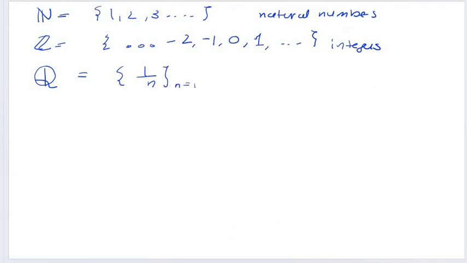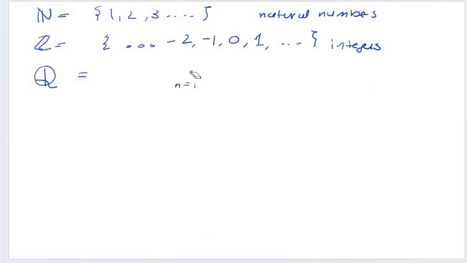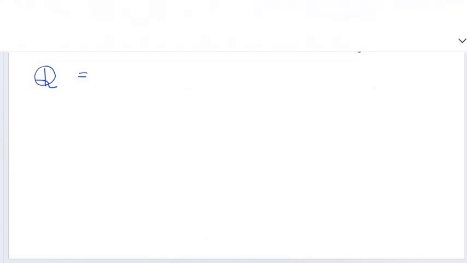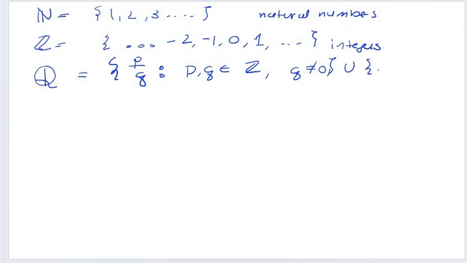Let me put that in your new set notation. This is the set of P over Q such that P and Q are in Z and Q is not equal to 0, union 0, and I'll tell you what union is in a sec.